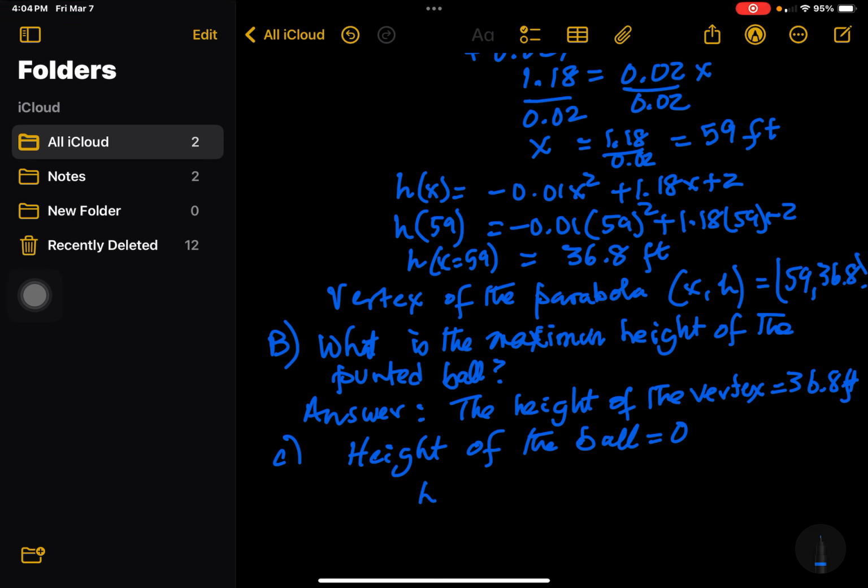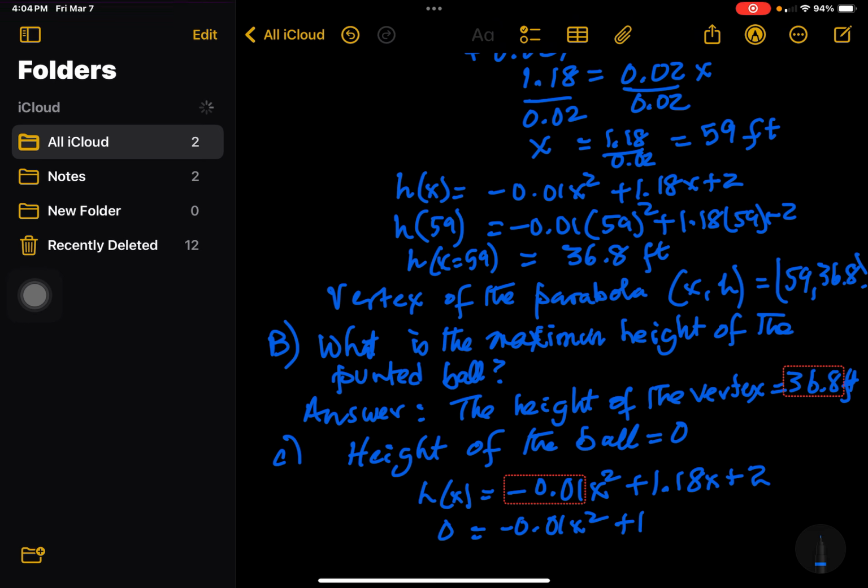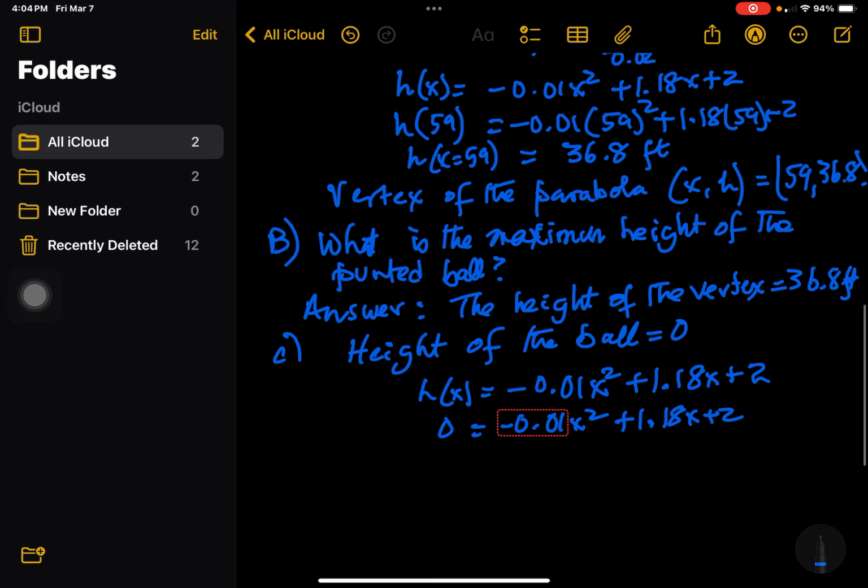So h of x is equal to minus 0.01 x square plus 1.18x plus 2. Now when h is 0, because it hits the ground, we have minus 0.01 x square plus 1.18x plus 2.